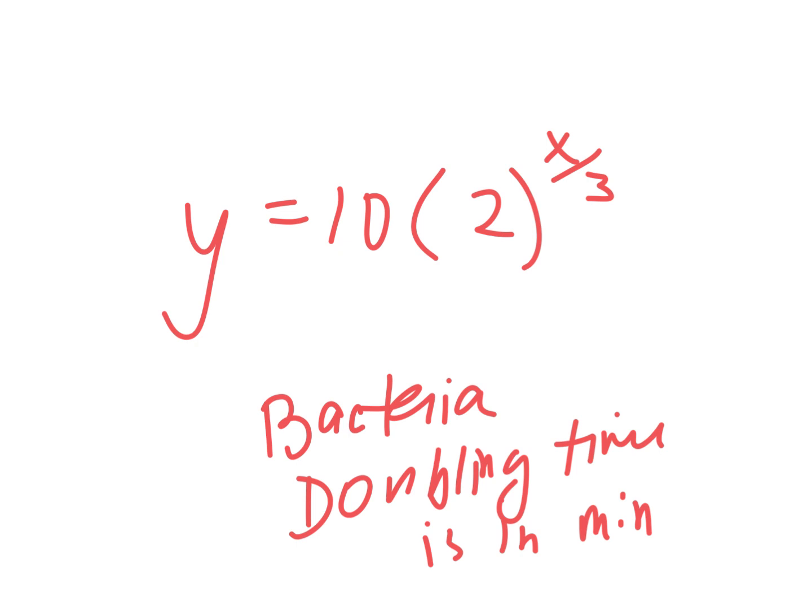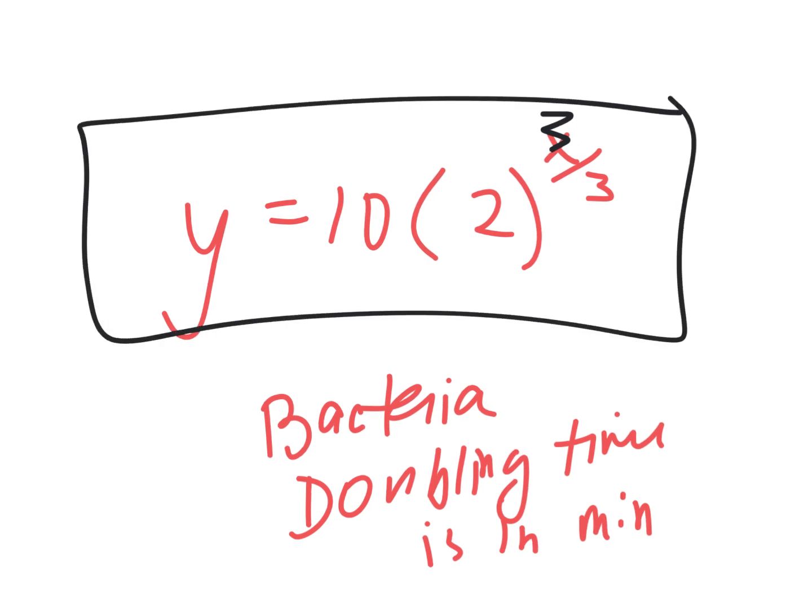Does that make sense to you? If I put in time is 3, I put a 3 here. Do you get, now it's going to be 2 to the 1, and then 10 times 2 to the 1 is going to be 20. See, it doubles every 3 minutes. So now I should be able to just tell you a story, and you should be able to write me that.